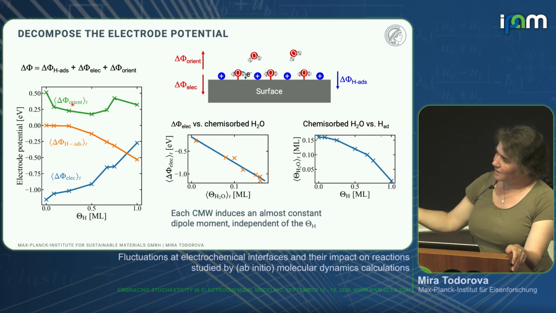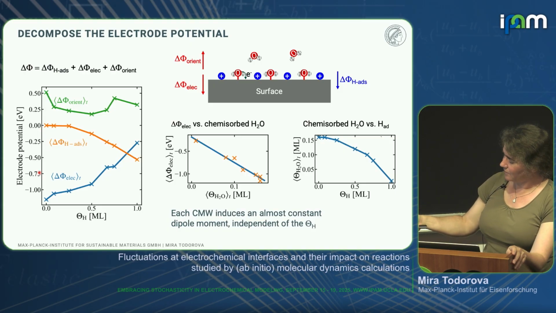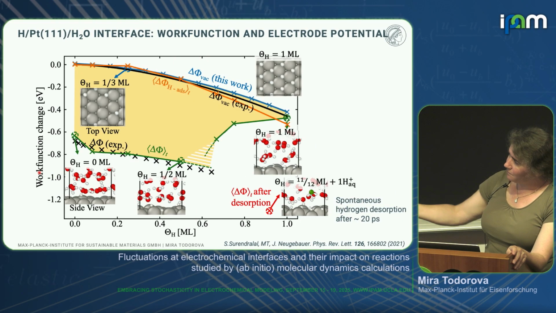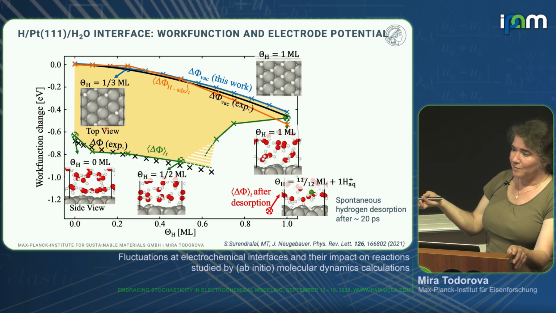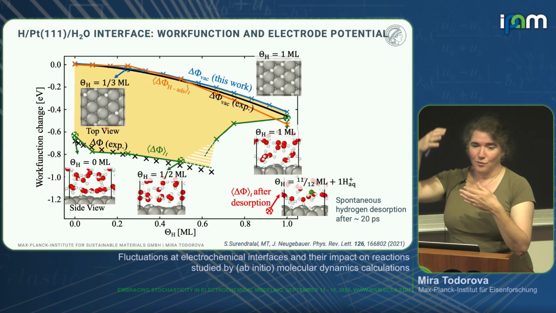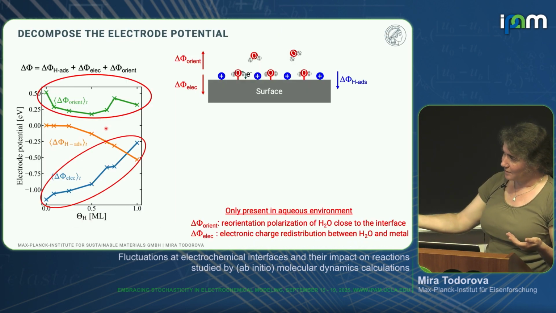So to a large extent they will cancel, but they will give rise to a shift, which will downshift this curve. If I go back to this situation, this would explain why this curve and this curve are very similar, because up to this point the water contribution is only downshifting the hydrogen contribution, this orange part.